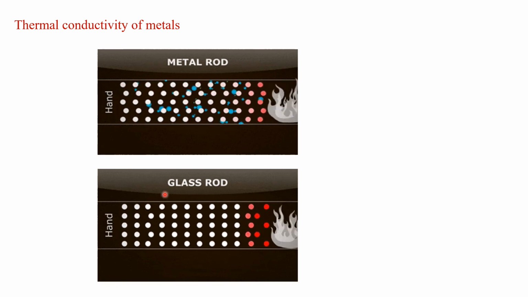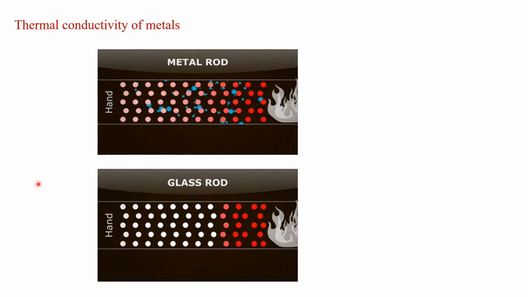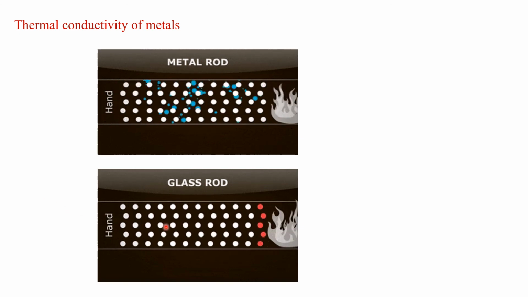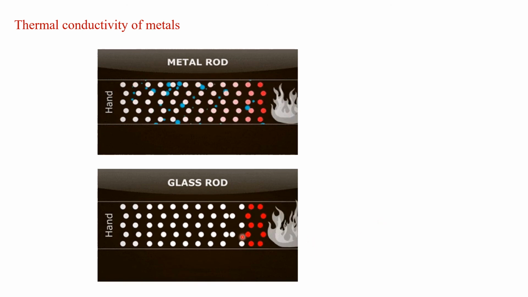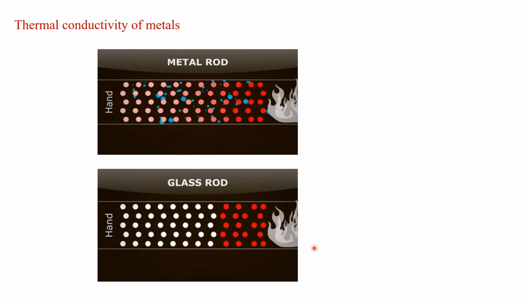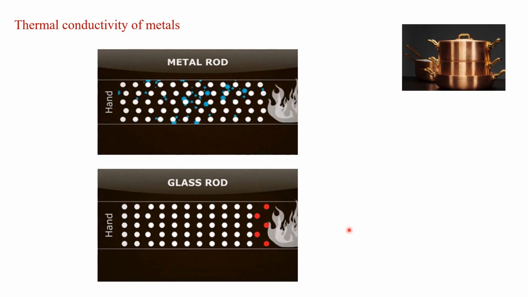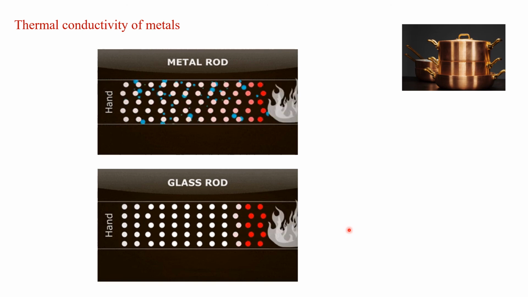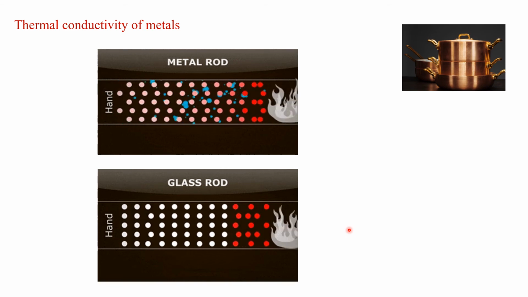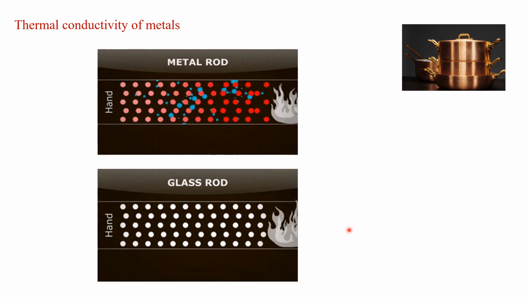In glass rods, plastics or any non-metals, there are no free electrons, and that's why they cannot conduct heat. For this property, metals are widely used for preparing cooking utensils.